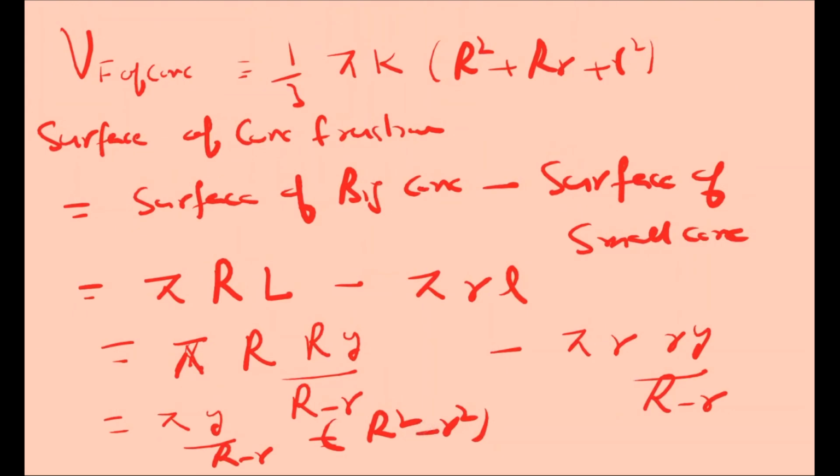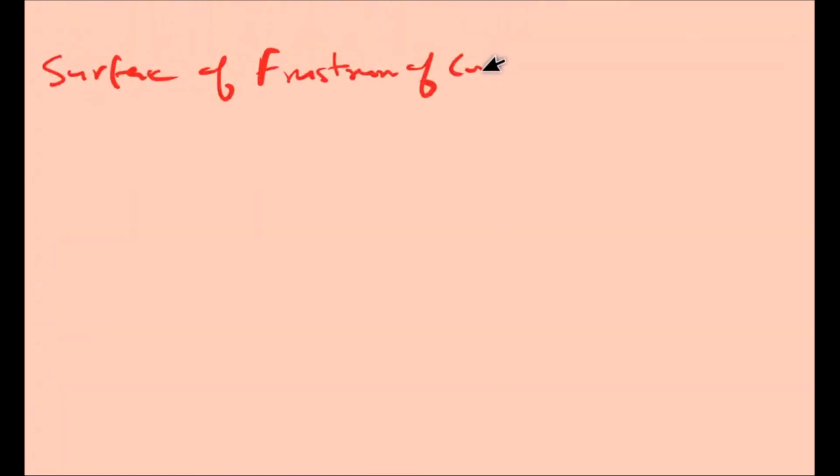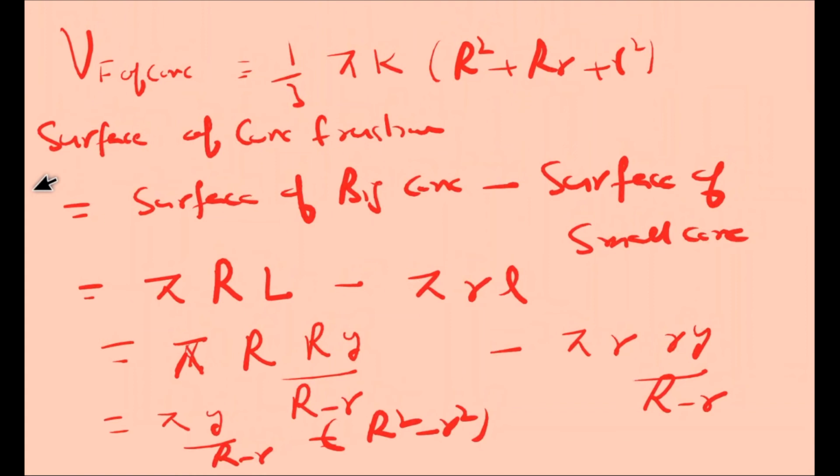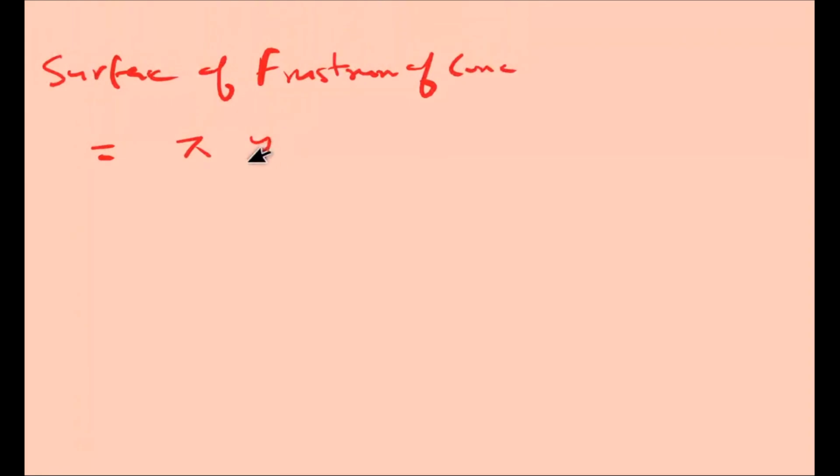So what is the formula of the curved surface of the frustum? We got it at the last. The surface of the first term of the cone is pi into (R minus r) into the factor (R plus r)(R minus r), so this cancels out.